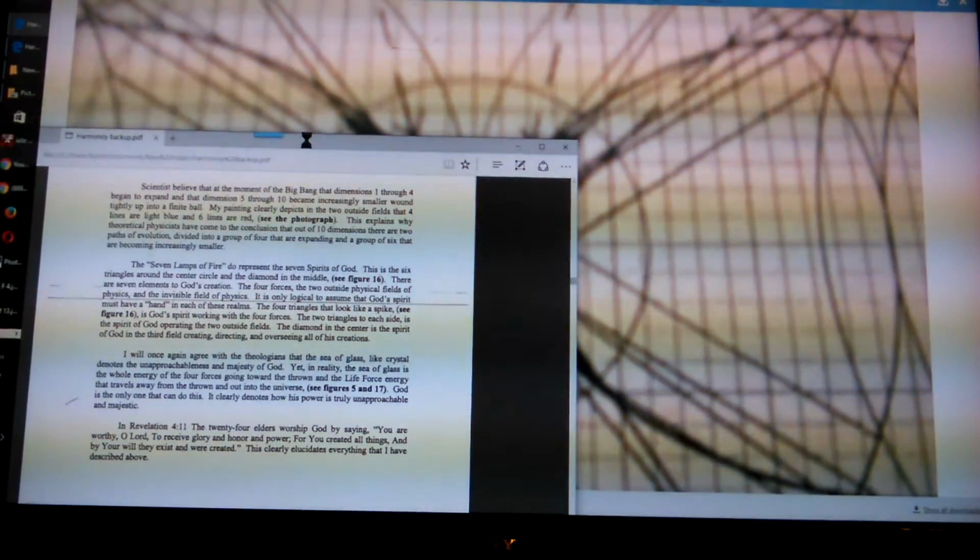The 2 triangles to each side, left and right, is the Spirit of God operating the 2 outside fields. The diamond in the center is the Spirit of God in the 3rd field, creating, directing, and overseeing all of His creation.